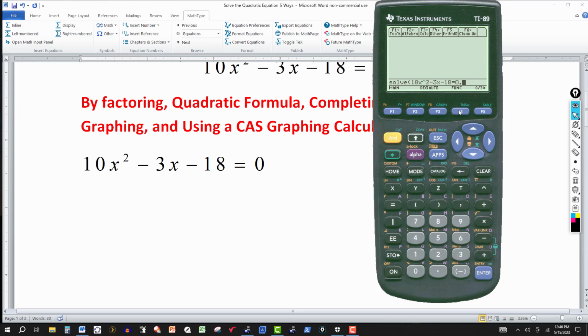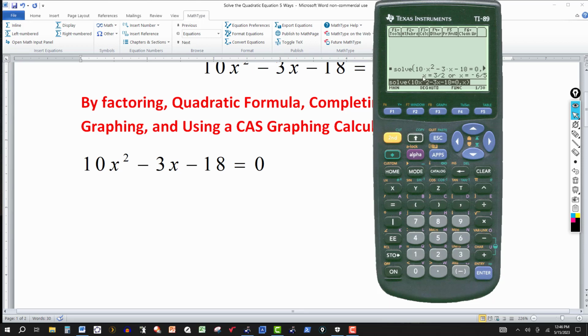If you don't give the variable, the calculator will give you an error. So you have to tell it what variable. Sometimes you could be using y or whatever. Generally it's going to be x, but you have to tell it. So put an x there. You don't have to do this for every procedure, but solving equations you have to indicate the variable. And then I close the parentheses here. And let's hit enter.